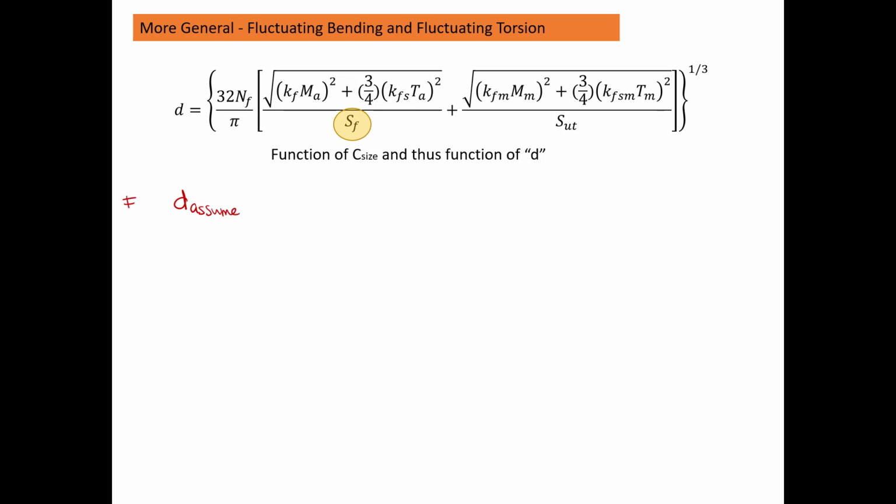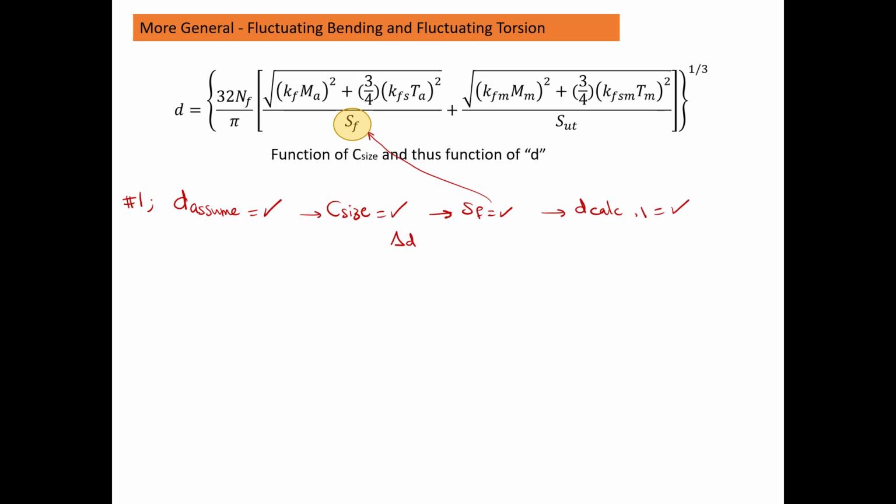Make an initial first trial, assume a value for D, evaluate C size, find the fatigue strength, plug it in your equation, and then calculate. D will have D calculated 1. I'll just call it D calc 1.